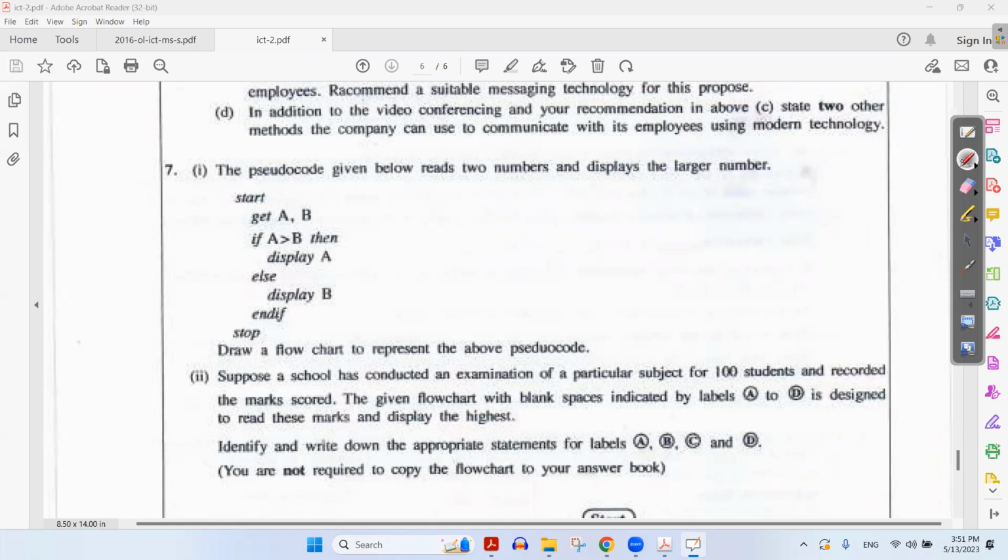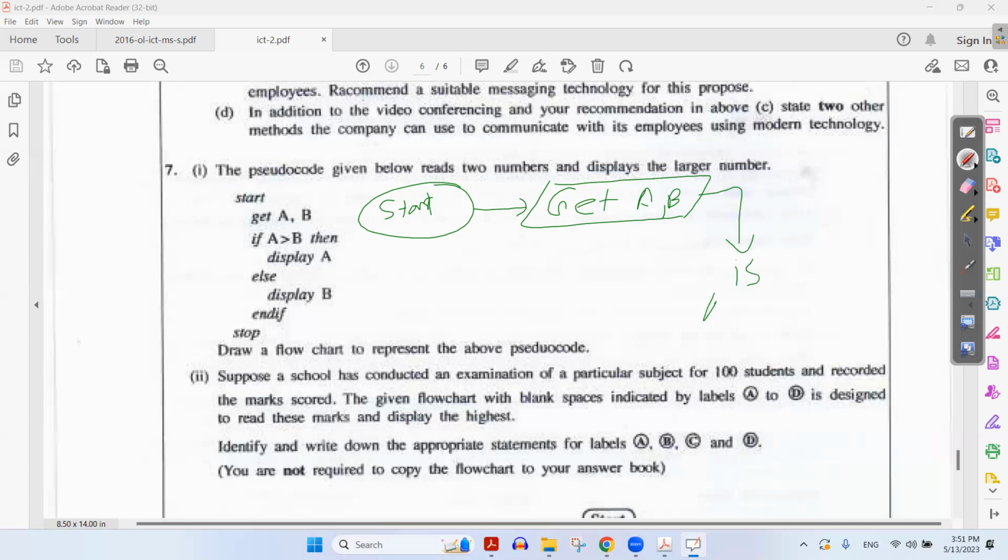So this is a selection which goes from A and B. Right, so you start, then you can say get A and B. Then the condition comes, checks whether A is larger than B.